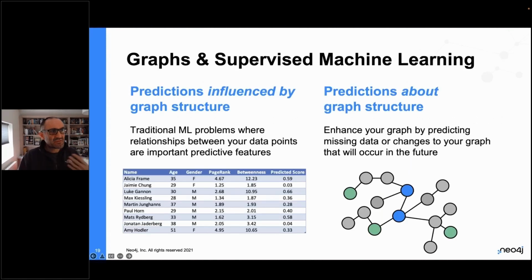Furthermore, you could even start to have predictions not only influenced by graph structure, the PageRank, the betweenness, and so on, but you can move over into making predictions about the graph structure. So you're filling in the links in the graph here, or the machinery is filling in the links in the graph here, just like back in the 70s Zachary did with his karate club. But you can also then go on to do node classifications in the graph without having to do any complex ETL jobs or any kind of plumbing work, which just gets in your way in your day job as a data scientist.